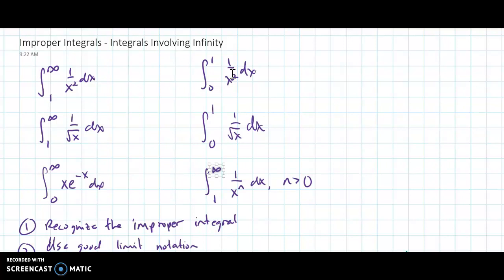As x goes to 0, 1 over x goes to infinity, or 1 over x squared goes to infinity. As x goes to 0, 1 over root x also goes to infinity, right? So these two involve infinity in a way that's a little less obvious than these two.